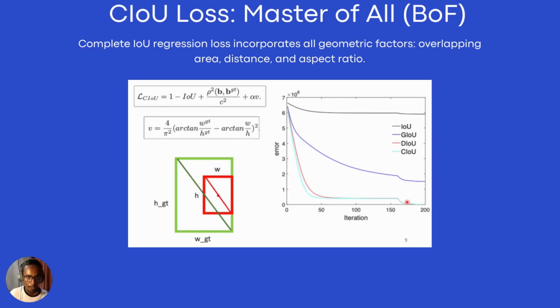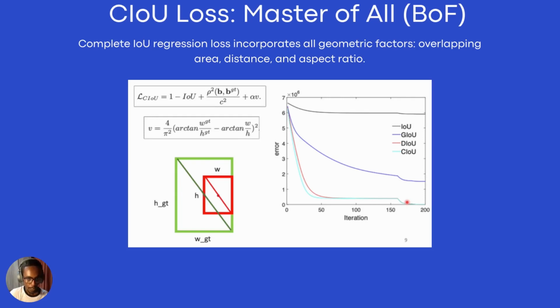And the V term is just 4 divided by pi squared, which is a constant, multiplied by the tan inverse of the width of the ground truth bounding box divided by the height of the ground truth bounding box, minus the tan inverse of the width and height of the predicted bounding box, and we square.